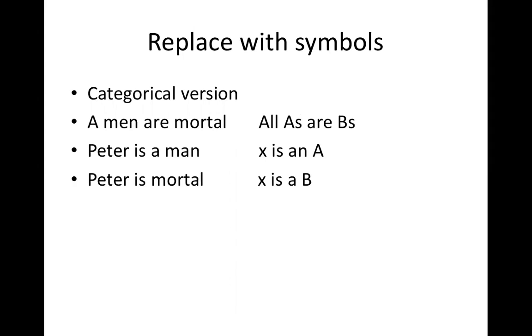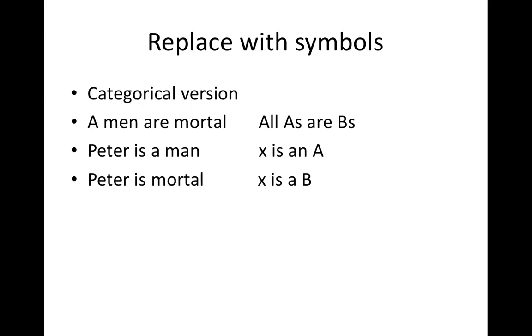Then another thing is to convert arguments into their symbolic versions. That is, to convert the words into symbols. All men are mortal, Peter is a man, Peter is mortal. You see that there are three terms in this argument, or three concepts.